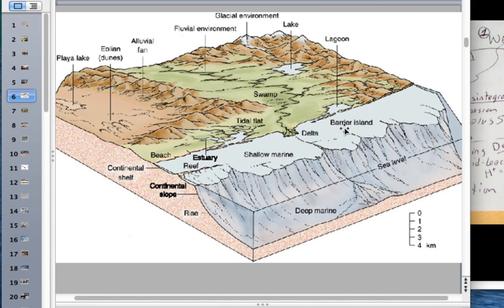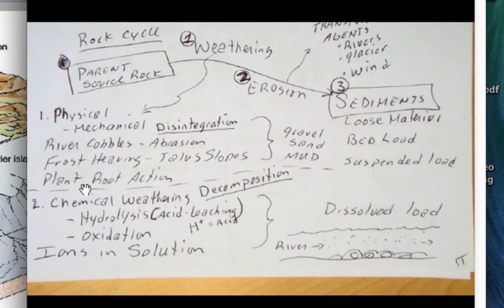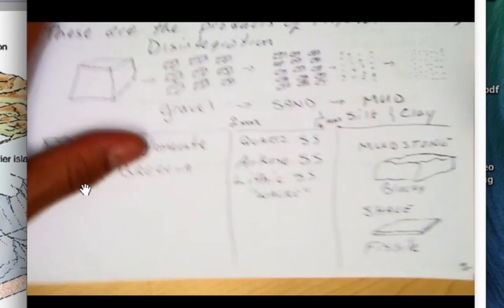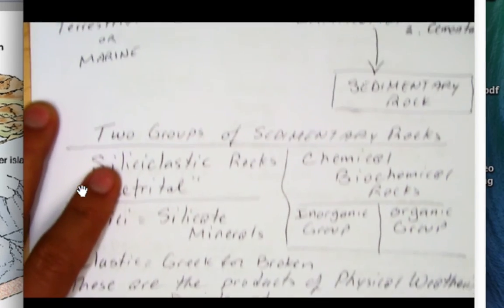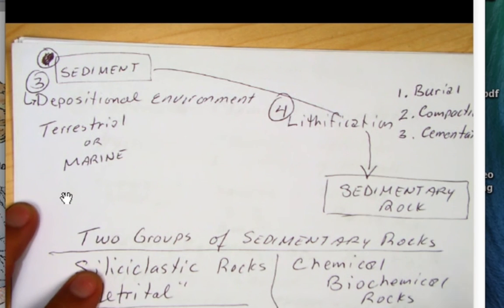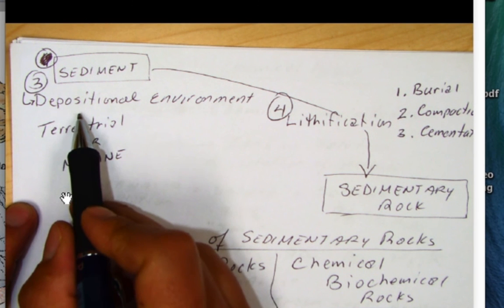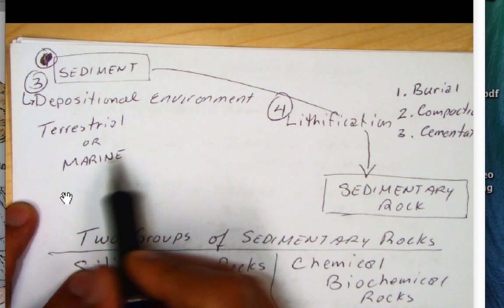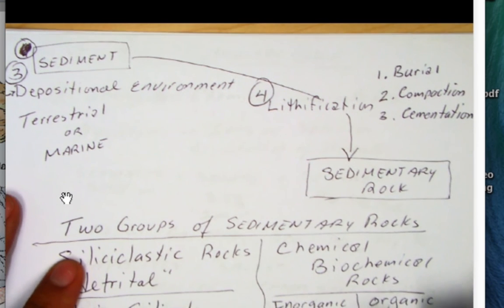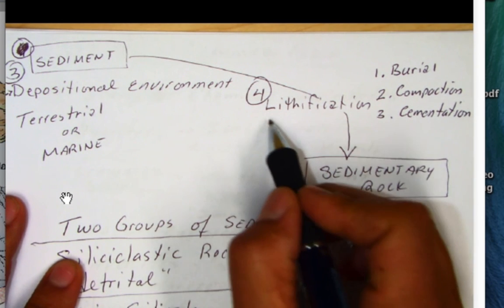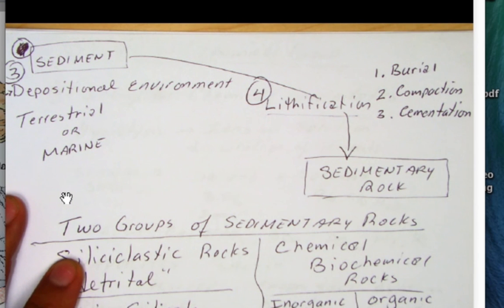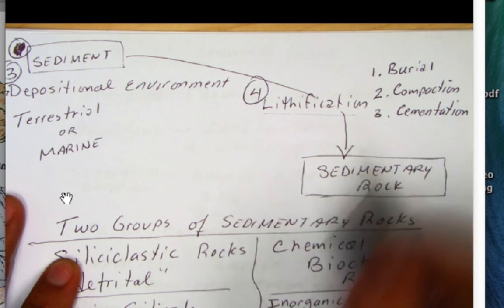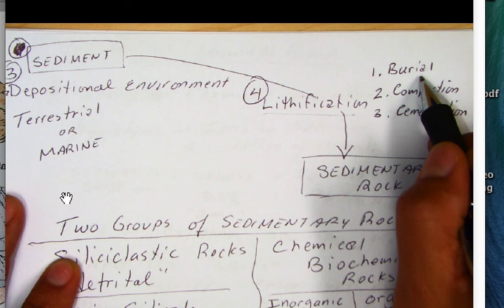In fact, let's go back over here and look at our notes again. And so now we're back at this sediment up here, which is number 3, the depositional environment. And before we can make a sedimentary rock here, we need to undergo this lithification process. And the lithification process involves 3 steps. You need to bury the sediment. So burial.